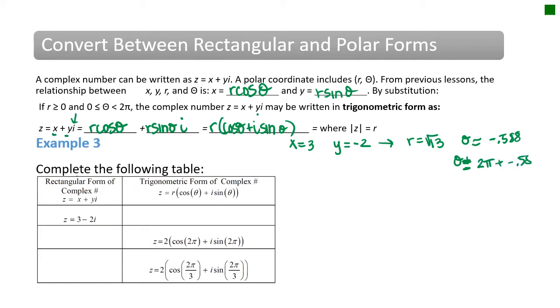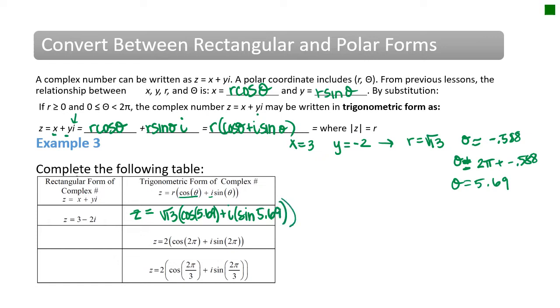So I could take that value and add 2 pi to it, and that gives me that theta would be 5.69. So I can rewrite this using the trig form of a complex number, which is z equals, and by the way, you have this formula on your identity sheet, r times the cosine of 5.69 plus i times the sine of 5.69. You just leave it.